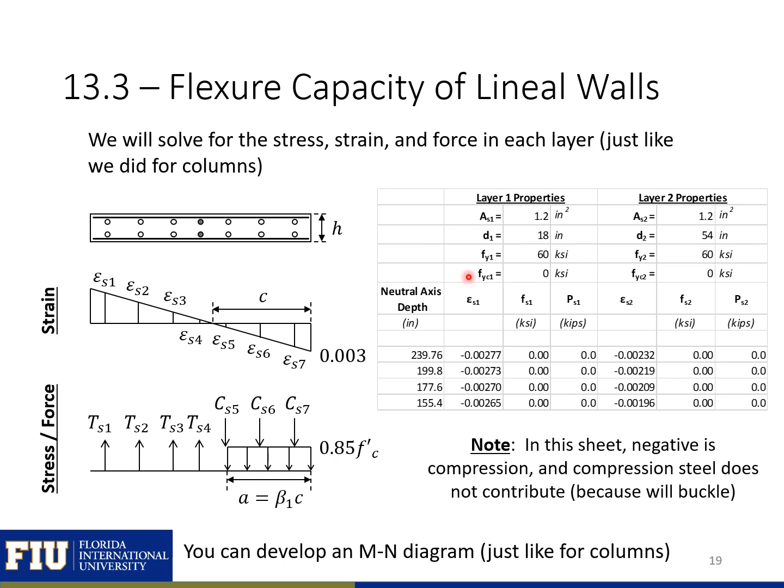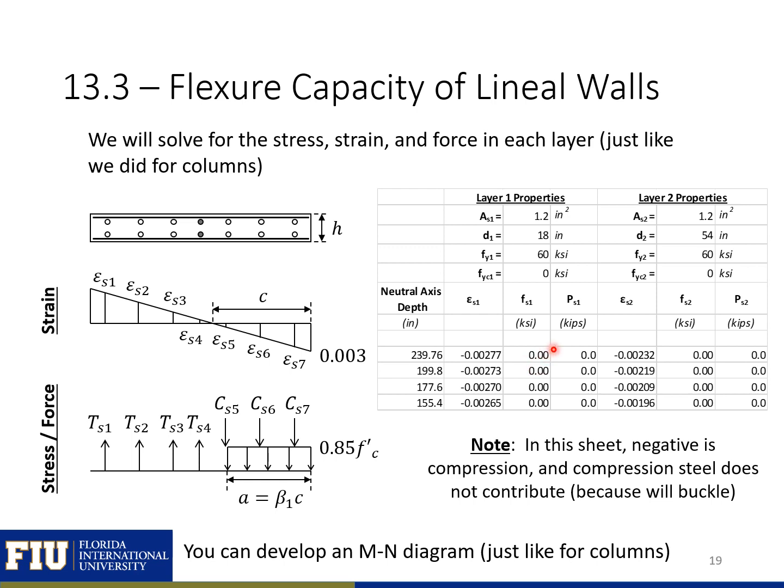So here I'm saying that the steel's not confined, so if we have a compression stress greater than 0, we're going to take that as 0. So here, for each layer, we have the strain in the layer, we have the stress in the layer, which is just the strain in the layer times the modulus for the steel, 29,000 KSI.